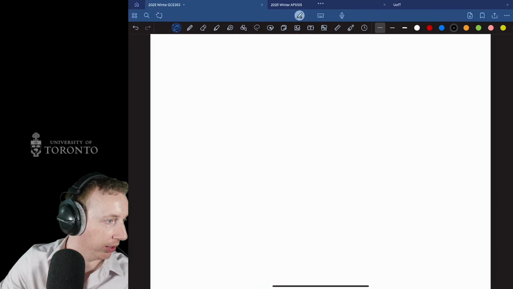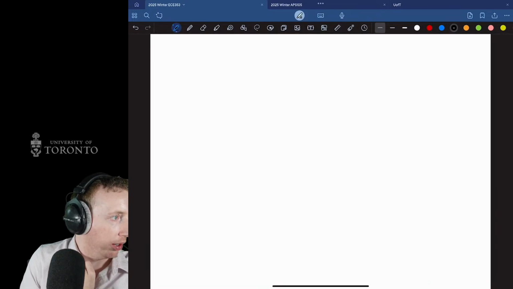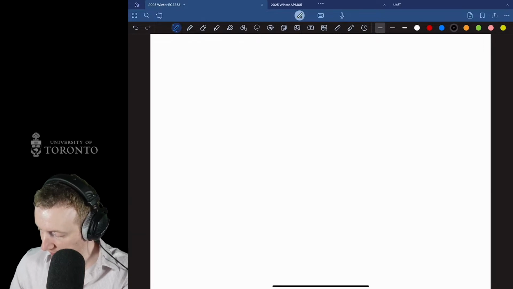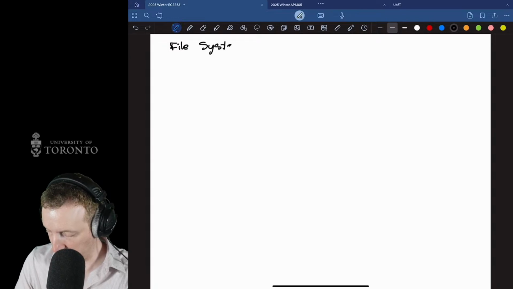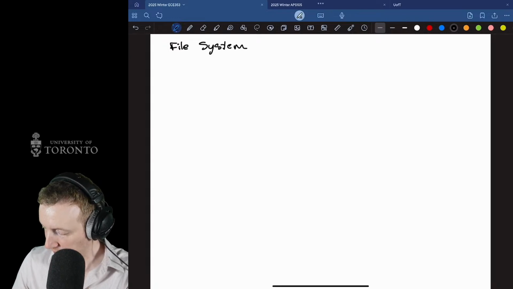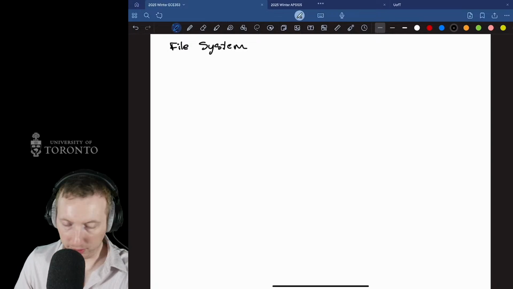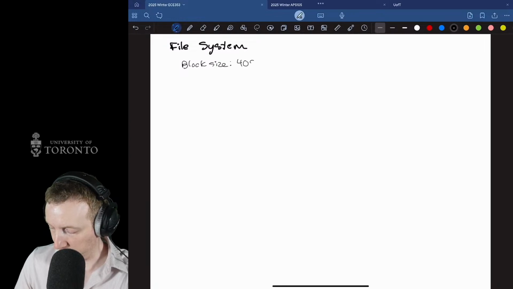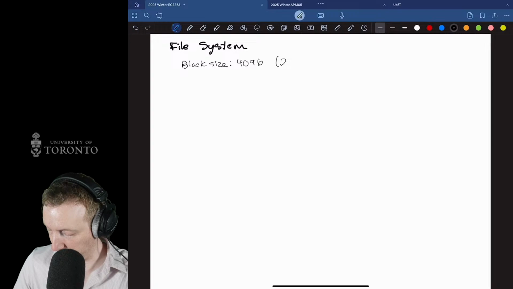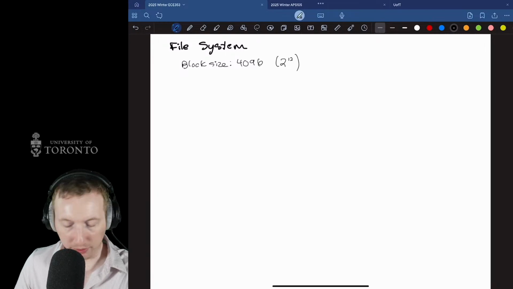So the question says we have a file system, with a block size of 4096. I always write it in powers of 2 just in case it's relevant.